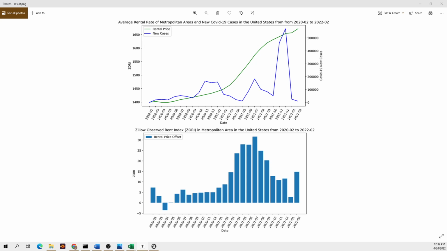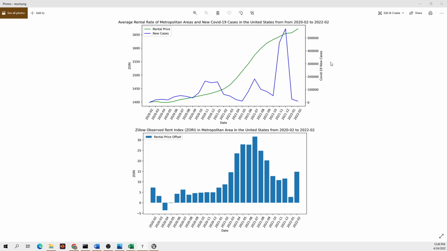I want to find out if and how the COVID-19 pandemic affected the market for rental properties in United States metropolitan areas.